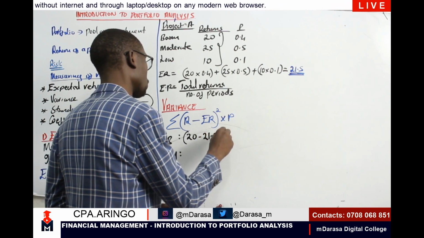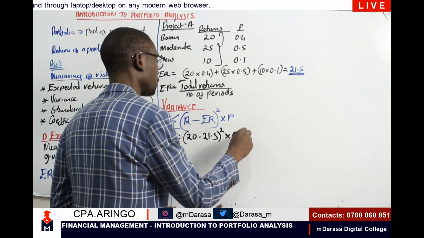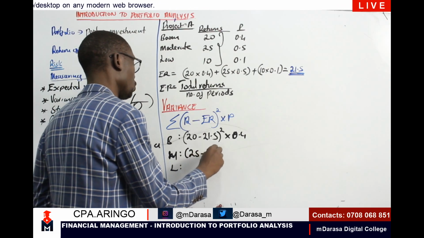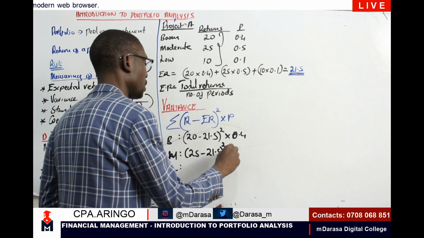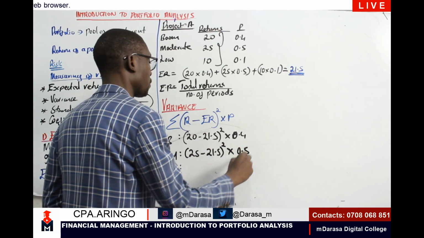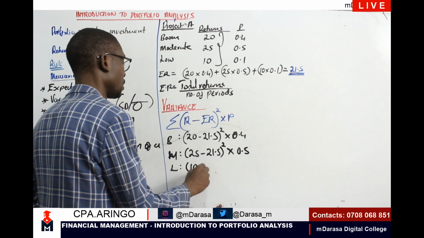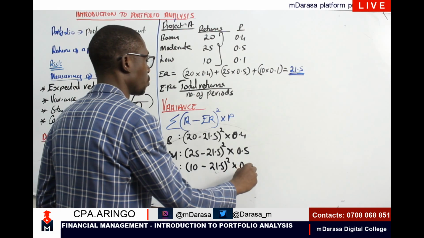I square that one times probability, which in this case is 0.4. I take at moderate 25 minus 21.5, because that is the expected return. I square that one times 0.5. The last one, of course, is 10 minus 21.5. We square that one, we multiply by 0.1.